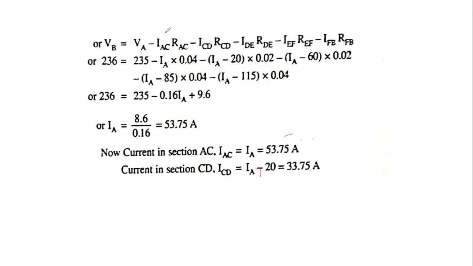IFB, RFB. This is the voltage drop across the A to C section. This is the VAC, and this is the voltage drop across the C to D section. And this is the voltage drop across the D to E section.